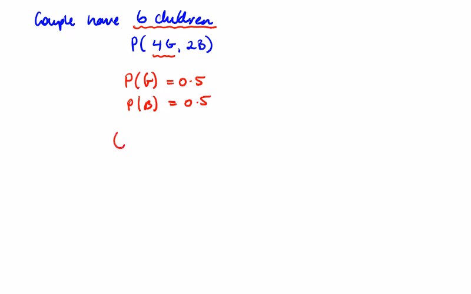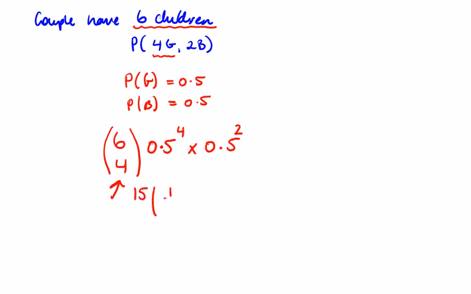So we want 4 girls, so we have 6 children to choose from, 4 girls to choose from them, and the probability of a girl, the probability of success, to the power of the bottom number, by the probability of failure, and 4 and 2 is 6, which is 6 choose 4, same as 6 choose 2, so 6 by 5, 30 over 2, 15 times 1 over 2 to the power 6, which is 15 over 64.